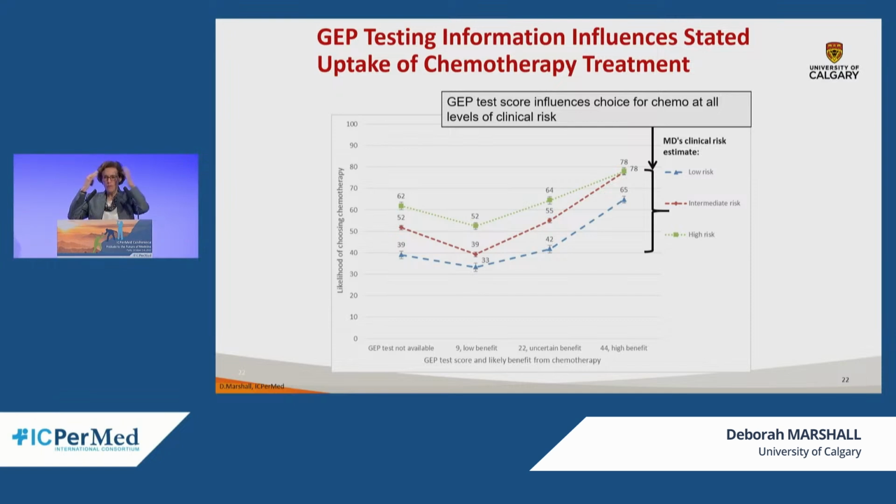And what we're showing here is that having a gene expression test score influences the probability that they will get chemotherapy. So that might not be surprising to you, but we can actually quantitate that, and this graph is showing that we can increase their uptake of this information based on the gene expression profile.